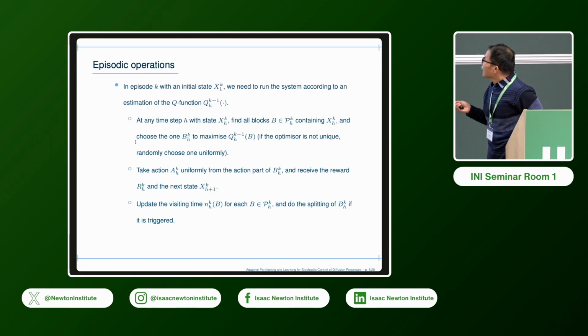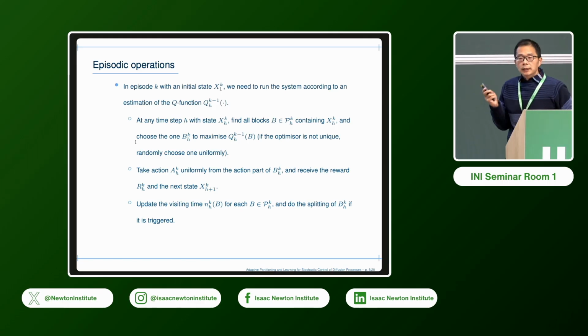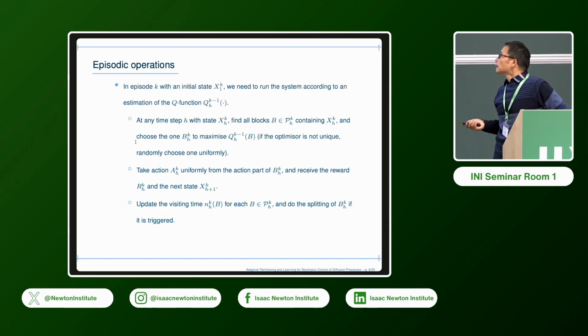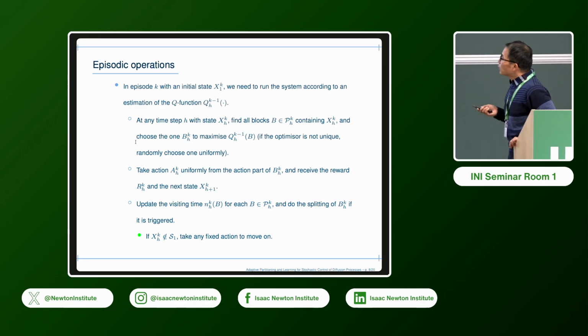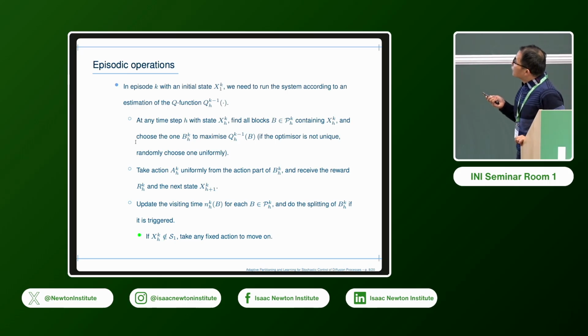Then we need to do the splitting if a split is triggered by the confidence criterion. By the way, we need to choose B to contain this x_h^k, but in case x_h^k goes out of the big ball we drew, we don't need to do anything.